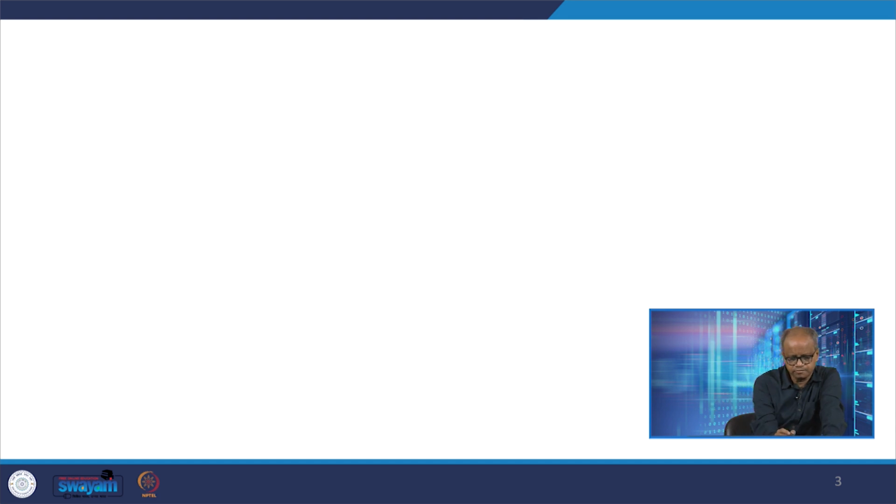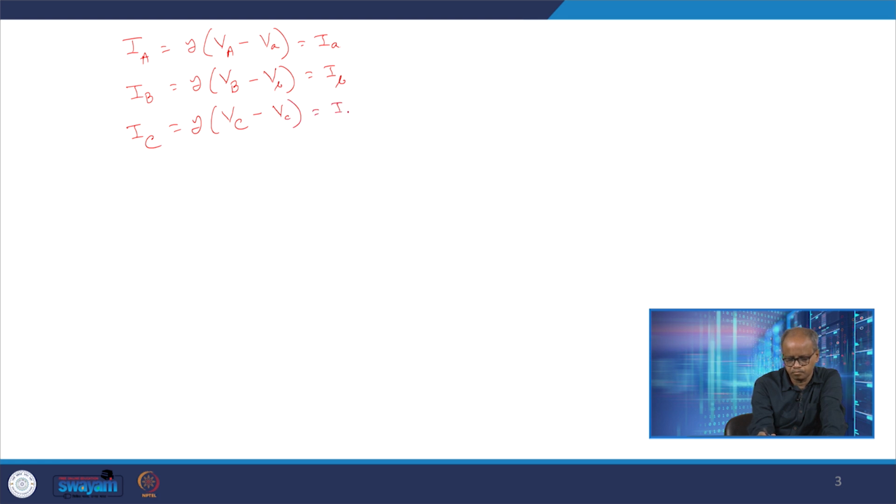So I have that I capital A is Y into V capital A minus V small a, that is I small a, and I capital B is Y into V capital B minus V small b, that is I small b, and I capital C is Y into V capital C minus V small c, that is I small c.